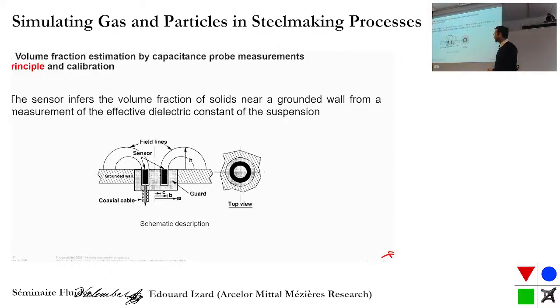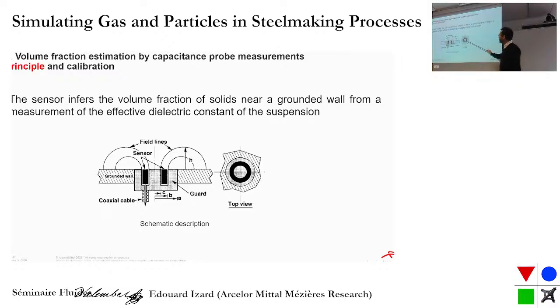So what we measure is the electric field from the sensor to the guard. And in fact, you see that the volume that this probe can measure is a sort of donut, half of a donut. And which is quite good is that this donut is constrained close to a solid surface.